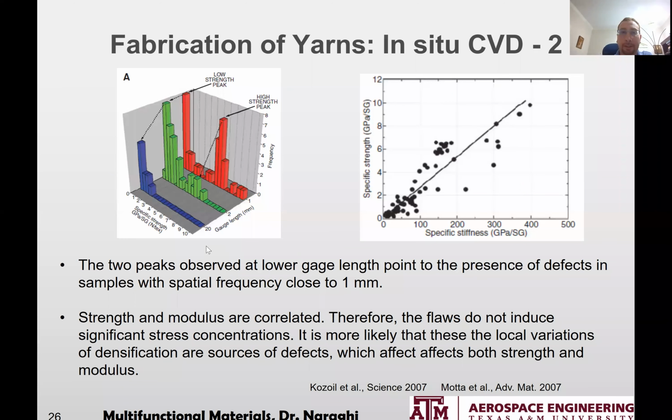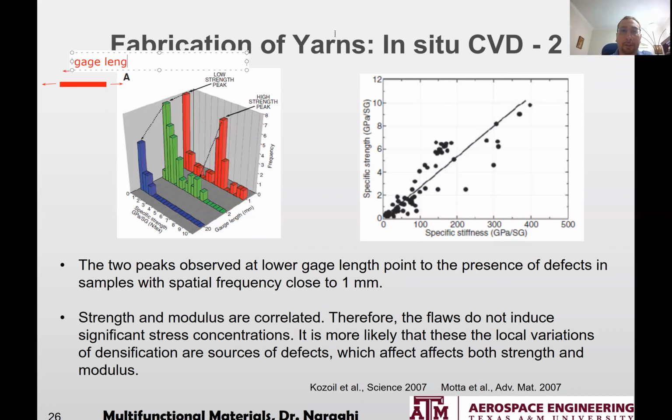Basically, they had a carbon nanotube yarn, they were loading it like that and like this, and they used different gauge lengths. This is the gauge length, okay?